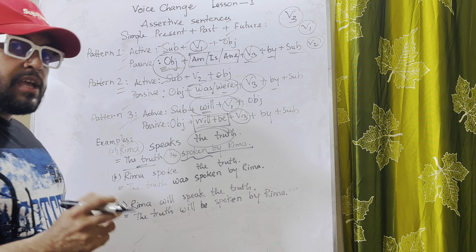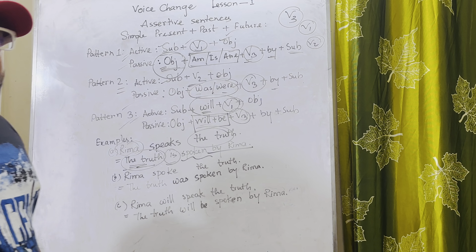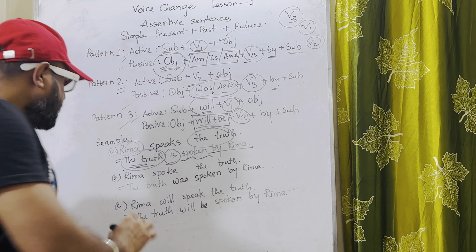But if this were a plural, then definitely we would need to use another verb, that is are. Okay, so you need to identify the number and the person of your new subject, that is actually the object of the active sentence. Similarly, again the same structure I have used so that you can understand easily.